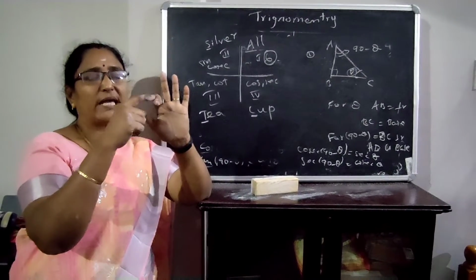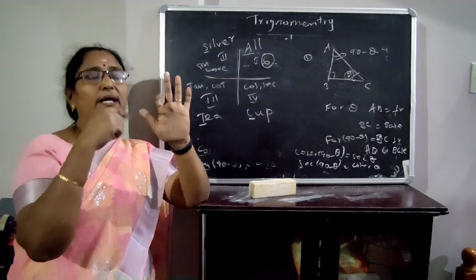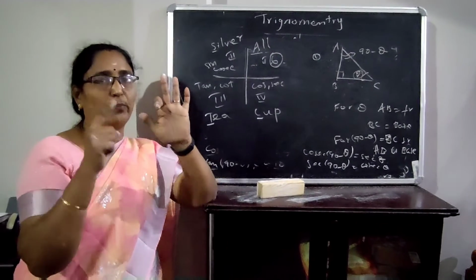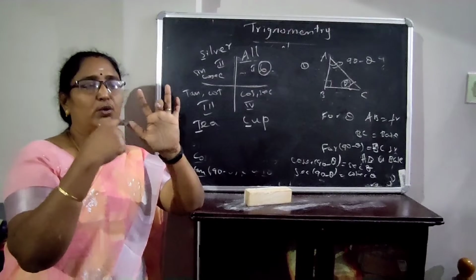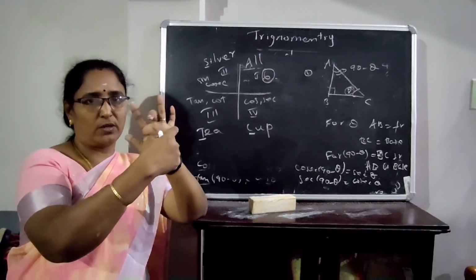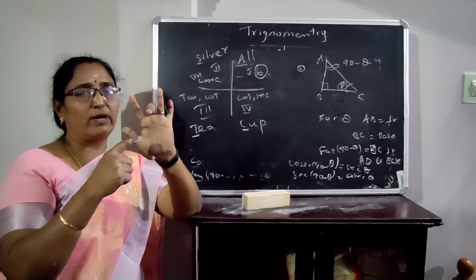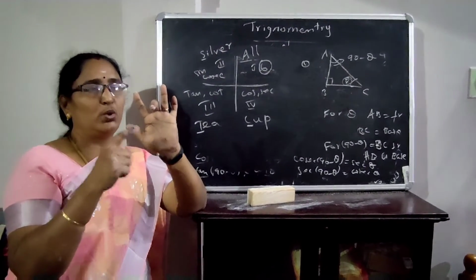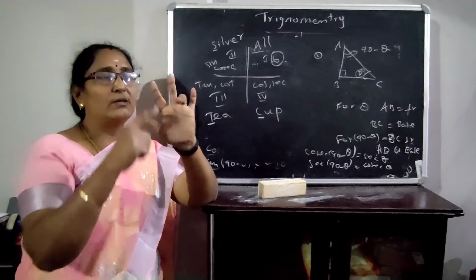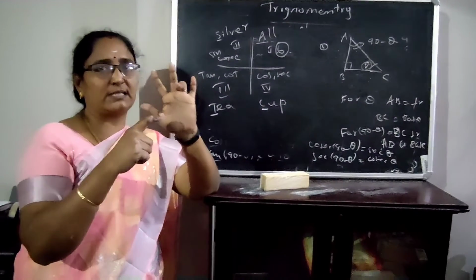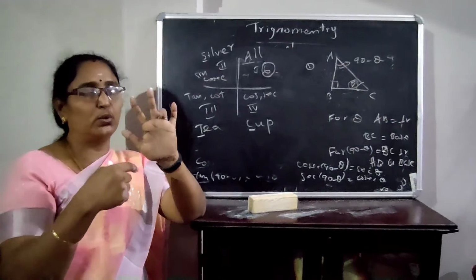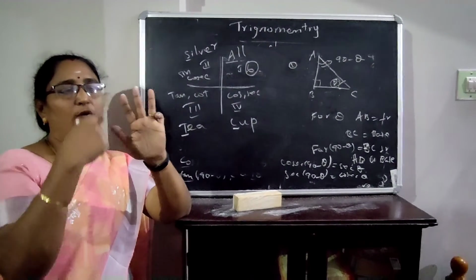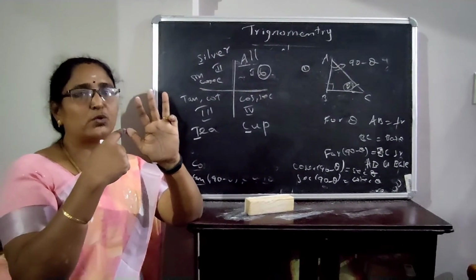So sin 30 is root of 1 by 4, that is 1 by 2. Then 60 is root of 3 by 4, root 3 by 2. This is 90: 4 divided by 4, that is 1.